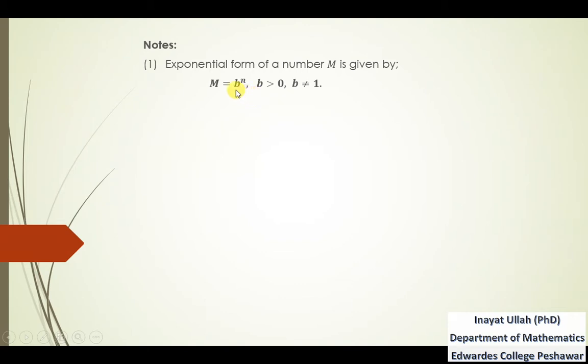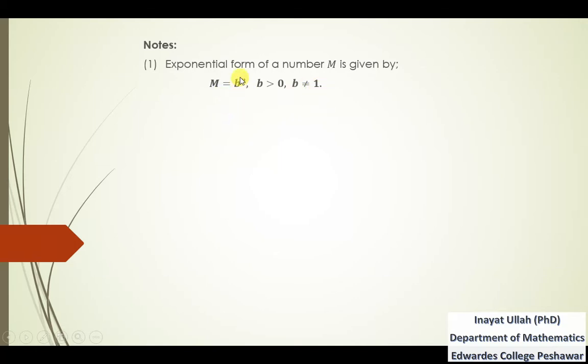There is a restriction: this base b is greater than 0, which means positive, and this base is not equal to 1, because if the base is equal to 1, then 1 power something is 1, so the exponential form vanishes whenever b equals 1.